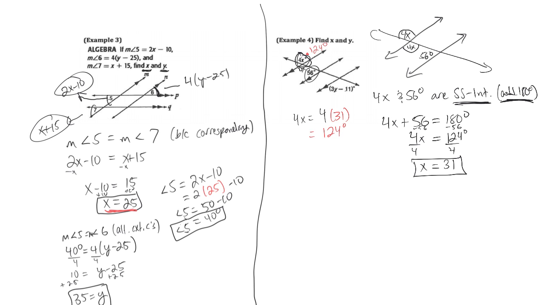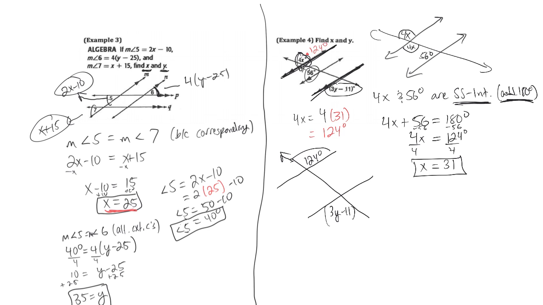Now we want to solve for this y. So let's pull out this line here and its transversal. You don't need to use all the lines inside the picture. We have 124 degrees right here from that 4x, and then we have 3y minus 11 down here.